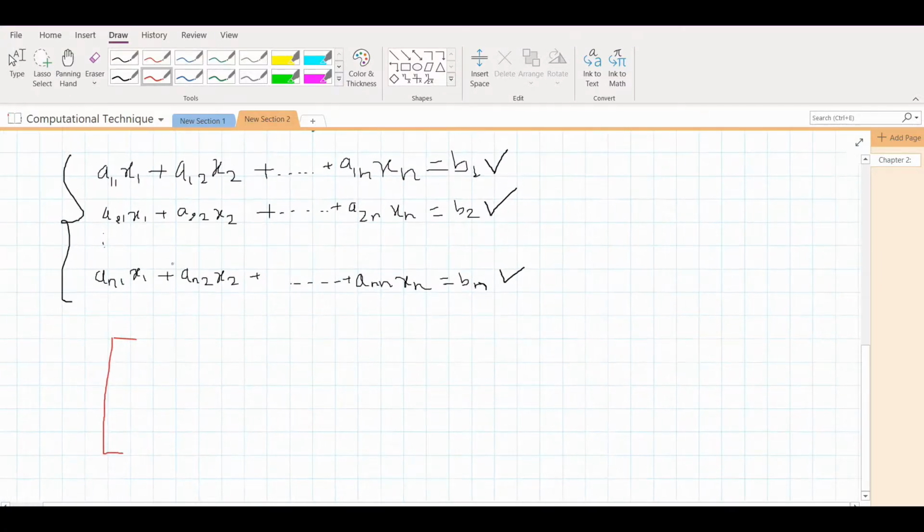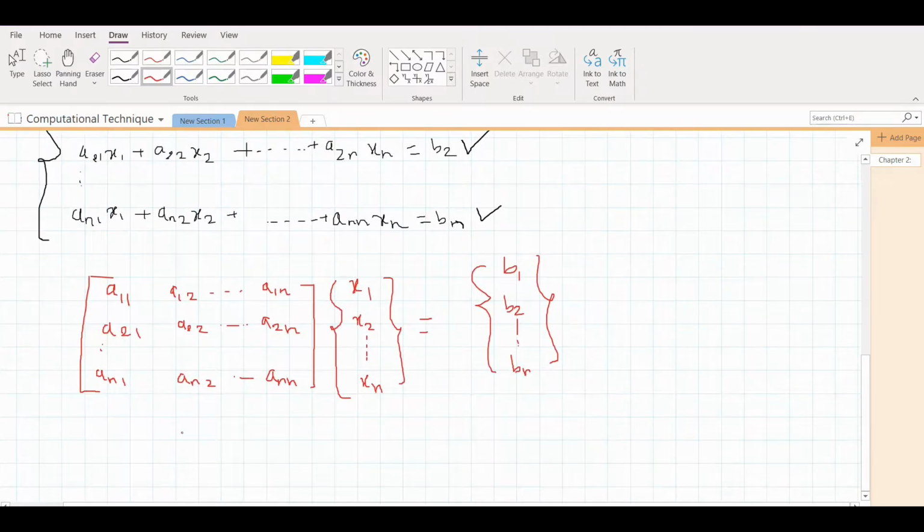When you write this in matrix form, this equation can be represented like this. So that's the A matrix, X vector equals B vector, where you have to solve for the X vector here. You have to find this. Now there can be many solutions to it.